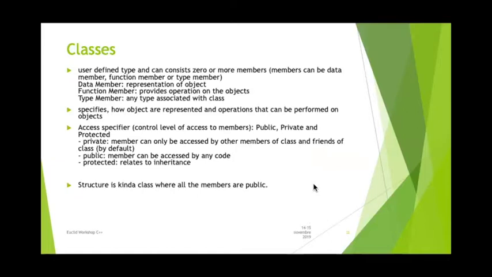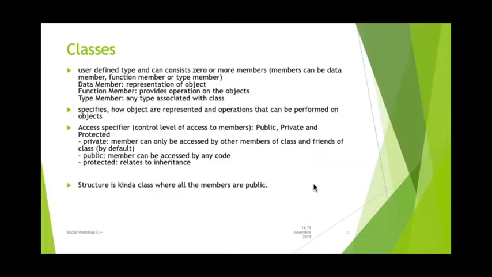Public can be read by any other code, anywhere. Private is only accessed by the class and its data members, or by any other class or function you have defined as a friend, so only those can access these things. And there is another called protected. It's a feature of inheritance. It means if you have inherited another class from the base class, then they can access these protected data members or functions.